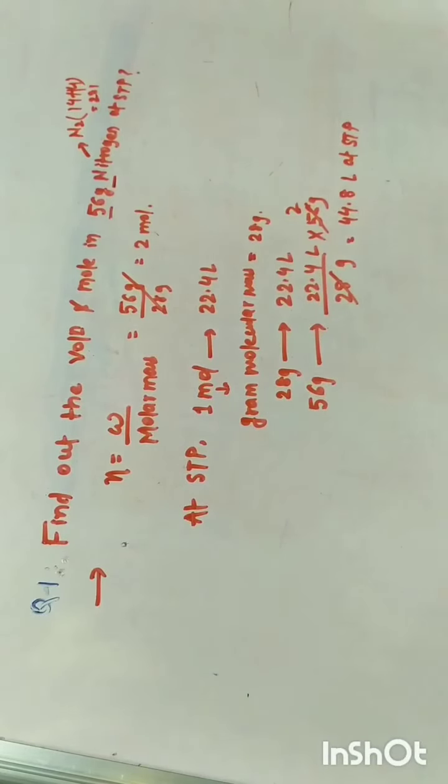So this will be 1 by 28 mole. Now for number of molecules, we know that number of moles is equal to N by Na. So N is equal to number of moles into Na. So number of molecules is 1 by 28 into Na, and this is our number of moles.